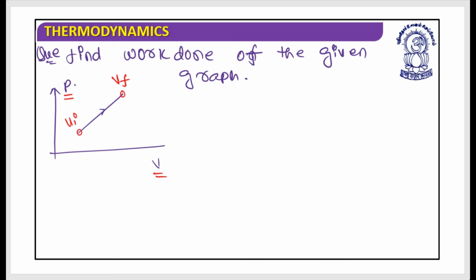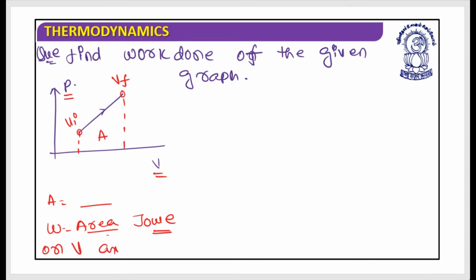What I need to do is calculate the area of this, which is the area of this triangle. It will give me the work done in joules. It's the area on the volume axis. Please keep this in mind. I hope this is clear.